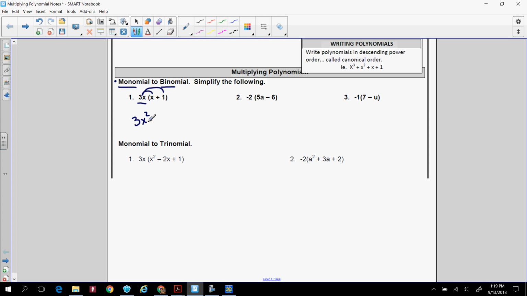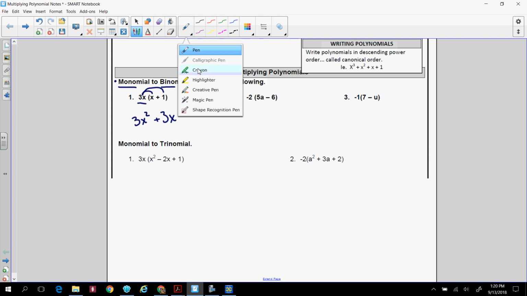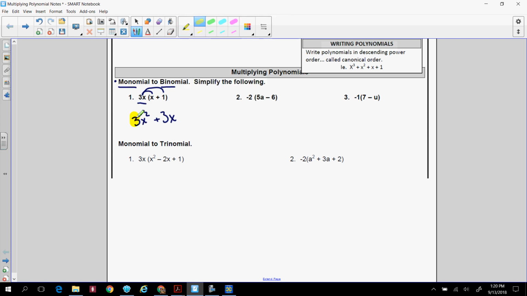X times x is x squared. And so 3x times 1 now should give us 3x. Now notice the sign. It's an addition sign, so can we combine like terms? Nope. And so this is our final answer, 3x squared plus 3x.